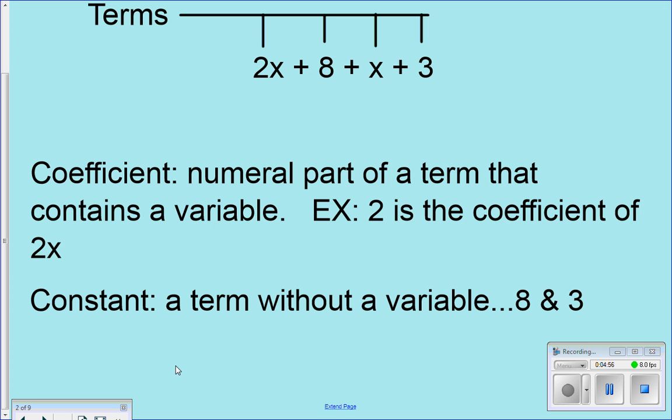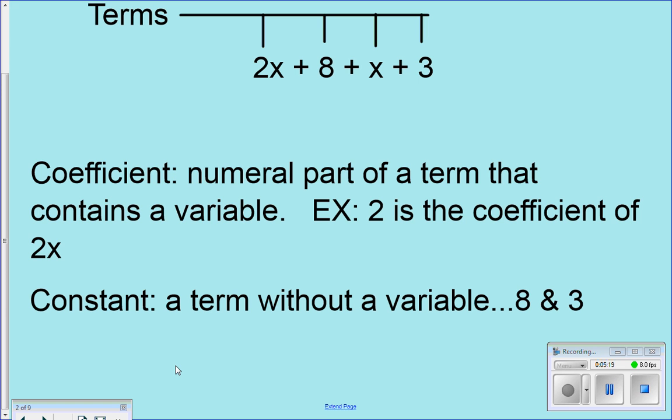So coefficients are the numbers with the variable. We already said 2 is a coefficient, right? What's the other coefficient in this problem? Jasmine? Okay, it's the number with the variable though. What's with that variable? What do you always put with a lonely variable? 1. So what's the other coefficient up here? 1.